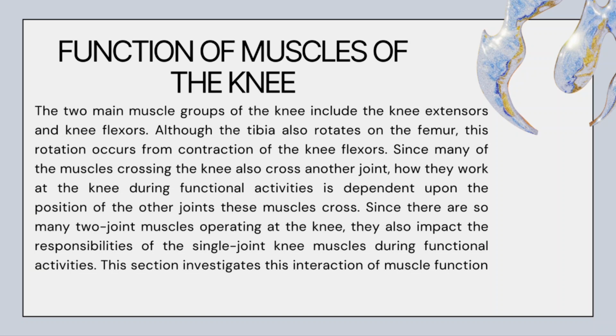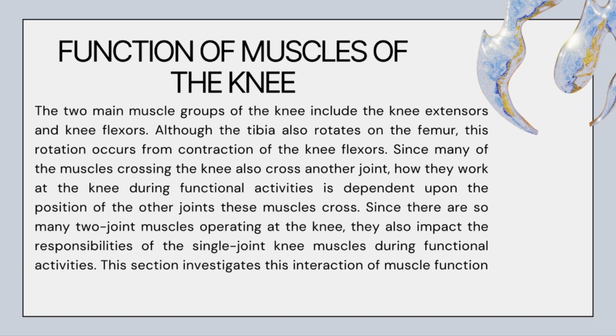How they work at the knee during functional activities is dependent upon the position of the other joint this muscle cross. Since there are so many two-joint muscles operating at the knee, they also impact the responsibilities of the single-joint knee muscle during functional activities. This section investigates this interaction of muscle function.